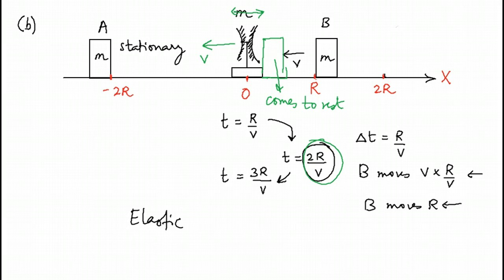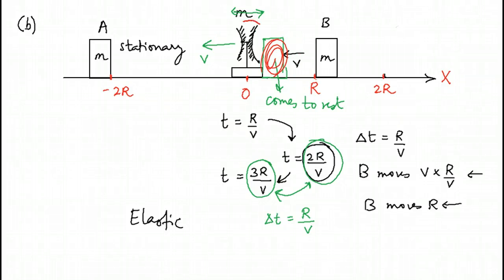And then of course we have to analyze what happens at time equal to 3r by V. So there is a further time interval delta t in between this time and this time, and delta t is r by V. In this additional time interval, nothing is going to happen to block B. Block B is going to remain at rest.